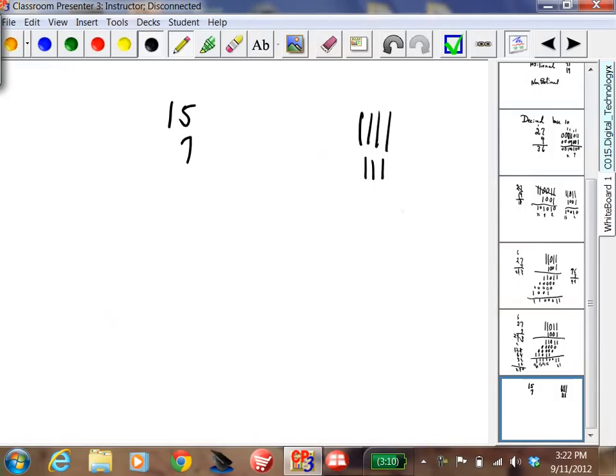So if you add 7 to 15, 1 plus 1 is 2. That's 0 with a carry of 1. 1 plus 1 plus 1 is 3. That's 1 with a carry of 1. 1 plus 1 plus 1 is 3. That's 1 with a carry of 1. 1 plus 1 is 2.